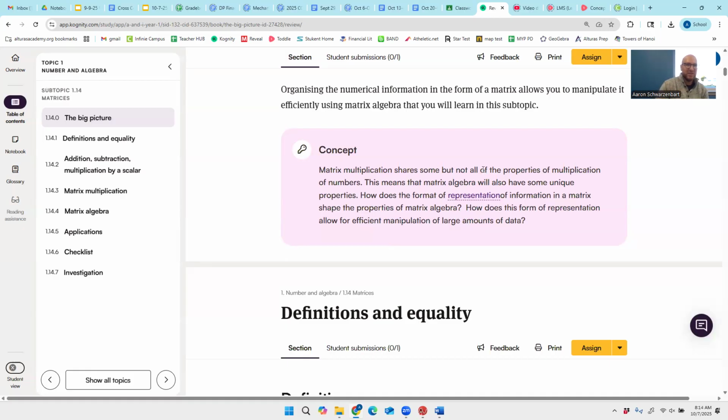So say you had matrix A, we're going to use capital letters to represent matrices. You can multiply A times B and then multiply that by C, or you can multiply B times C and then multiply it by A, as long as you left multiply.